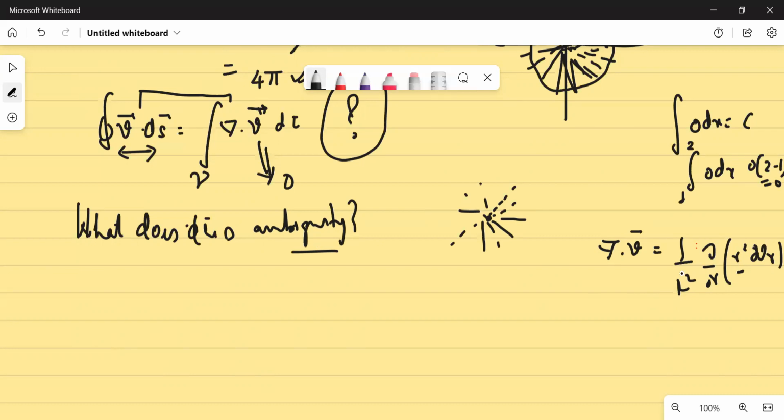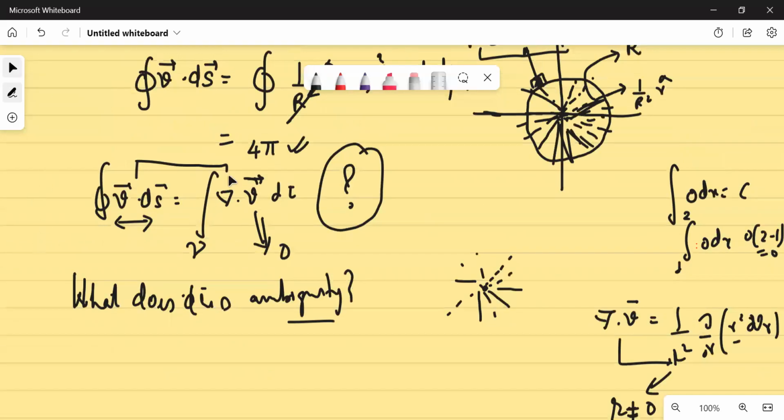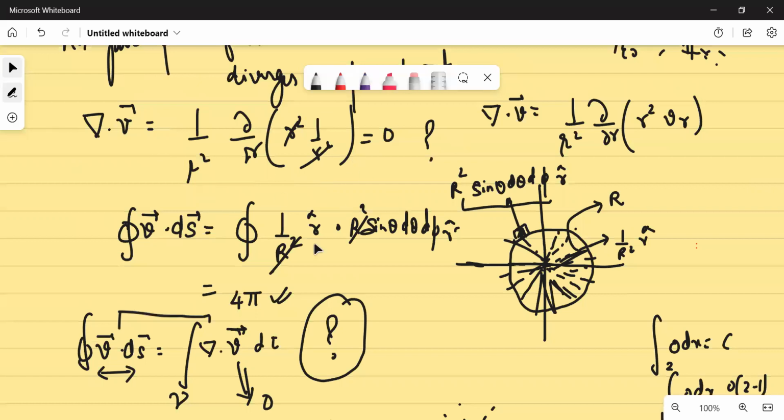The root cause of this problem is that this particular derivative can only be defined if r is not equal to 0. So what does this suggest? This suggests that del dot v vector, whatever I'm evaluating, holds for all points which are not equal to 0. Basically, I'm evaluating this particular derivative for all r not equal to 0.